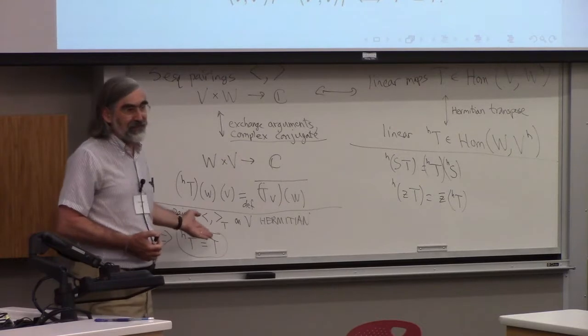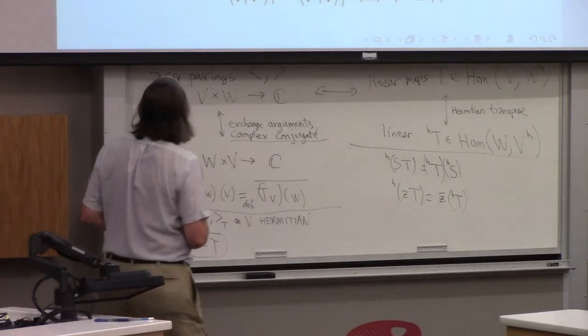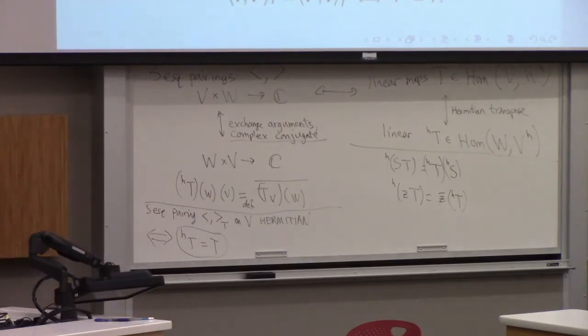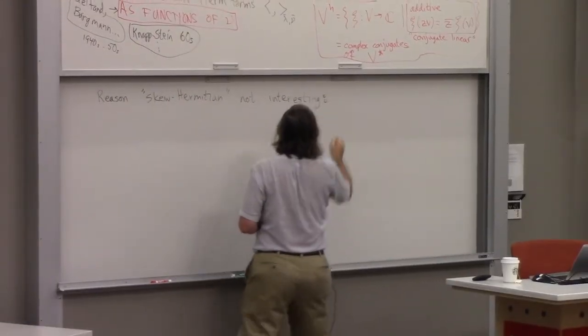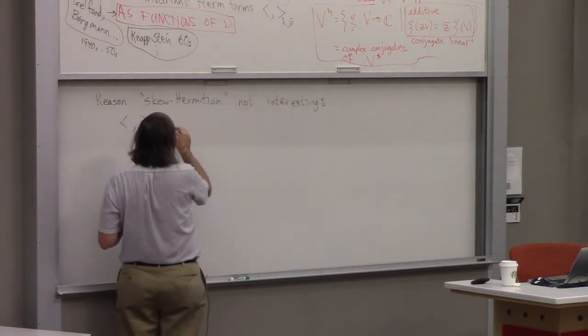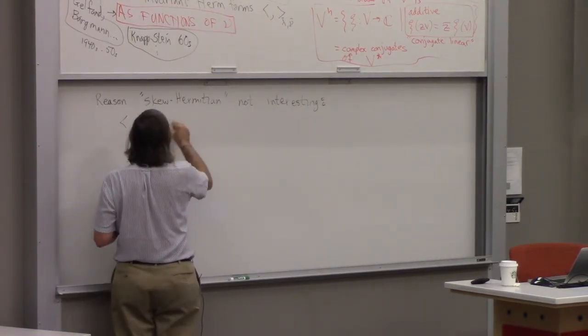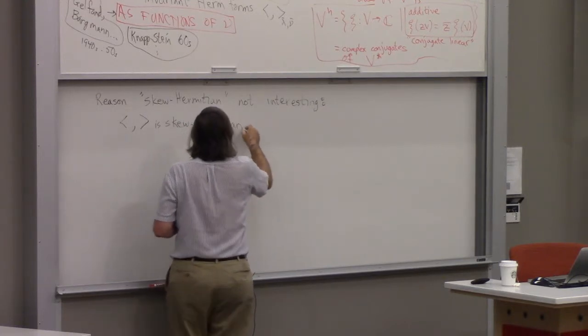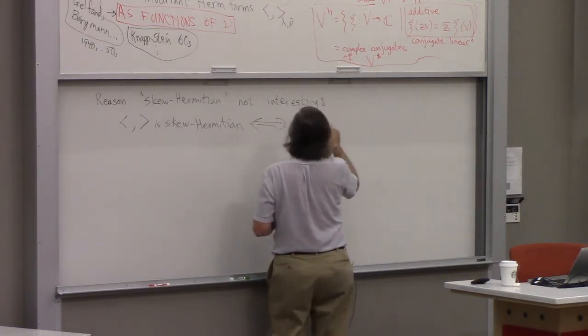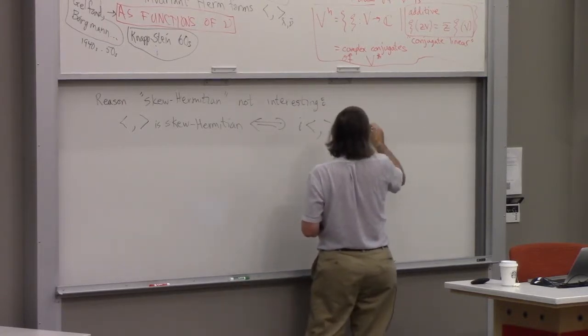It makes perfectly good sense to define skew-Hermitian forms, but the reason that it's not interesting is that if this pairing is skew-Hermitian, that's equivalent to, if you multiply by i, that it's Hermitian.